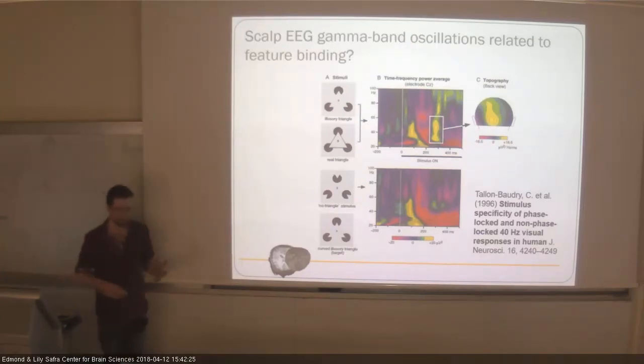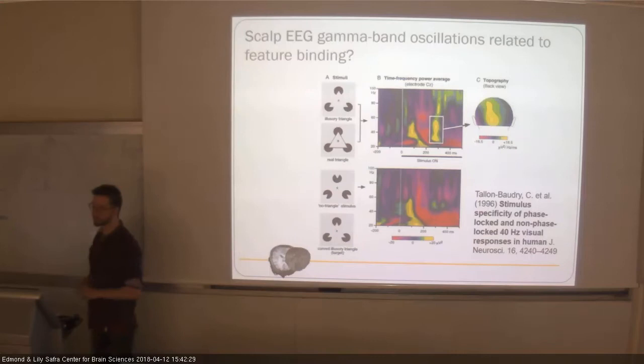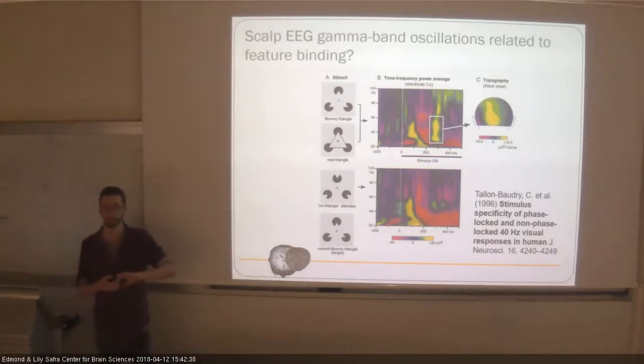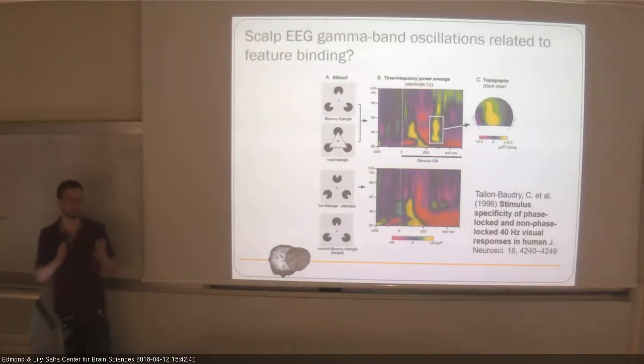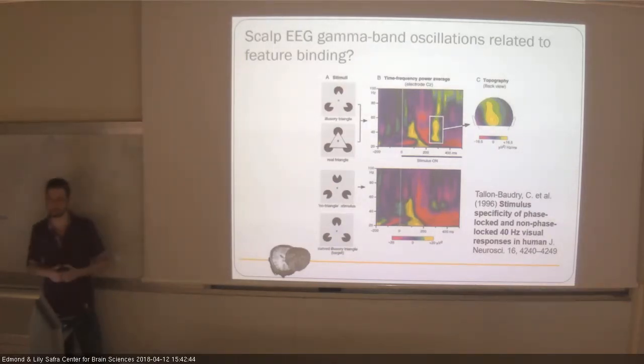This is a very interesting theory, and there was a lot of work inspired by this idea, trying to find evidence for gamma oscillations with EEG, because EEG is much more accessible. So you want to see if you can find this phenomenon using this tool as well.